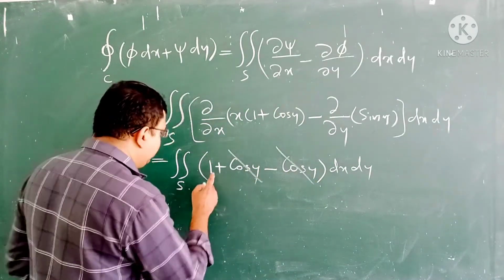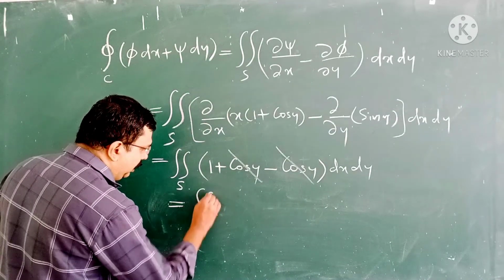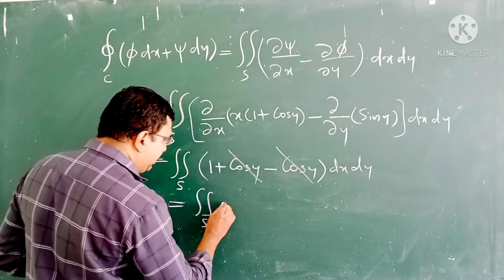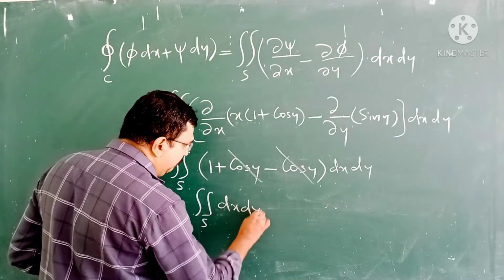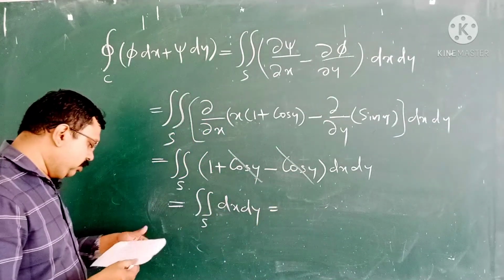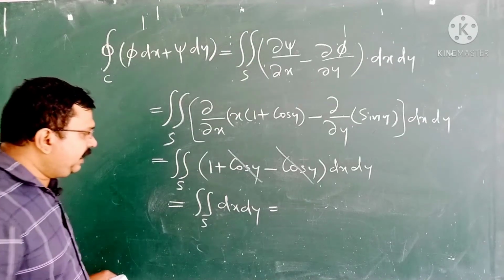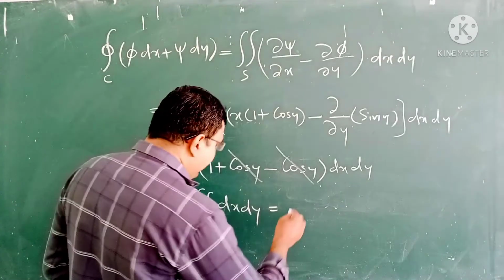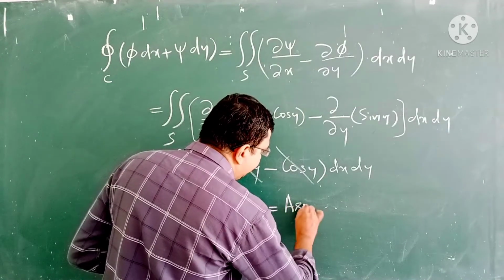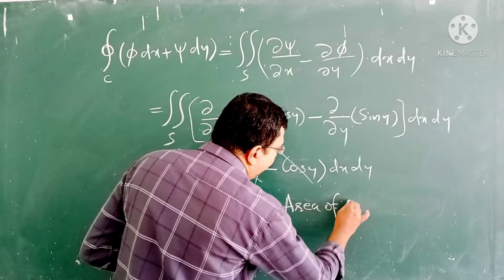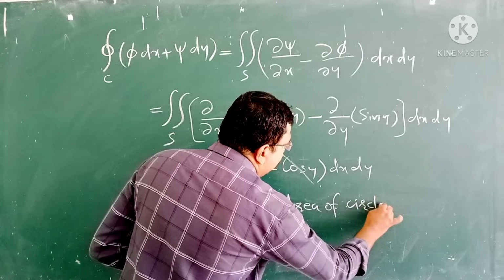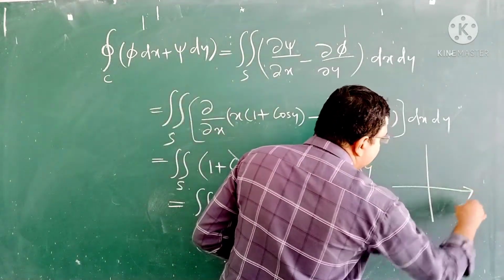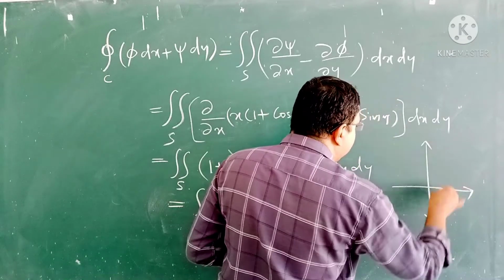The remaining is the integral over S of 1 into dx dy, that is dx dy, which is equal to, remember that the double integral over S of dx dy is equal to the area of the circle. Here this is our x axis, y axis.